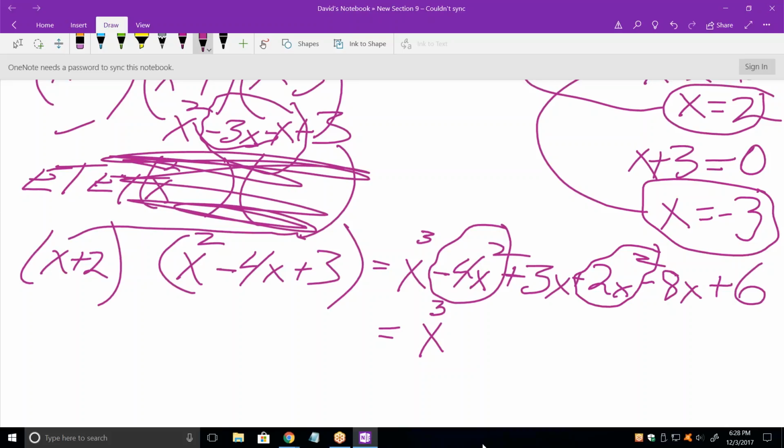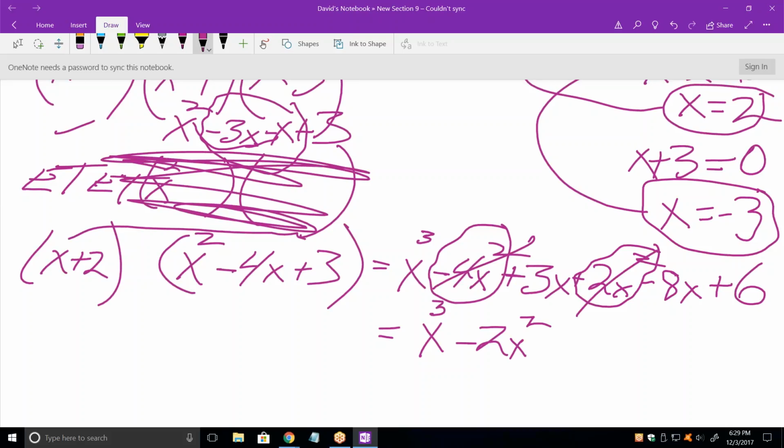The 2 doesn't have a square. What we're combining are the x squareds. Think of x squared as an apple. We got minus 4 apples plus 2 apples. How many apples do we got? 2. No, we have negative 2 apples. So negative 2 apples, and apples are x squareds. So that takes care of that term and that term.